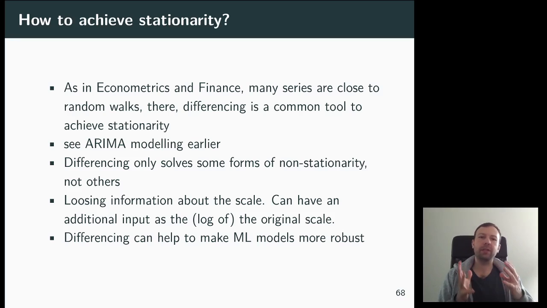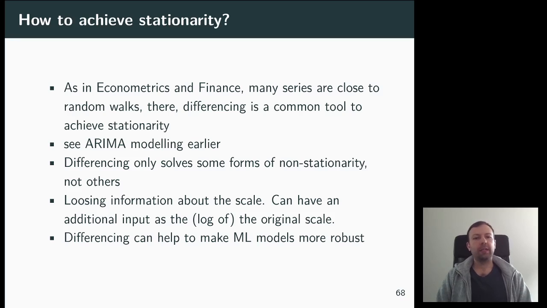Because in the econometrics and finance literature differencing is always seen as a way to tackle non-stationarity, there is now sometimes a notion that with differencing you just get rid of non-stationarity. That's not true. It only works for certain types of non-stationarity. Another type would be structural breaks, and obviously integrated behavior like a random walk. Structural breaks are very different types of non-stationarities that need to be dealt with in very different ways.